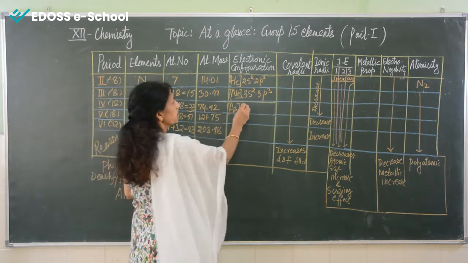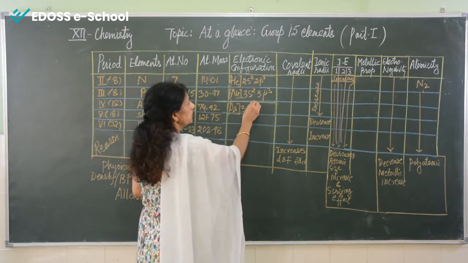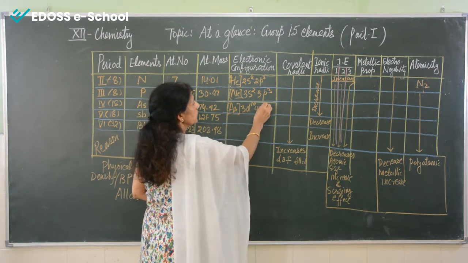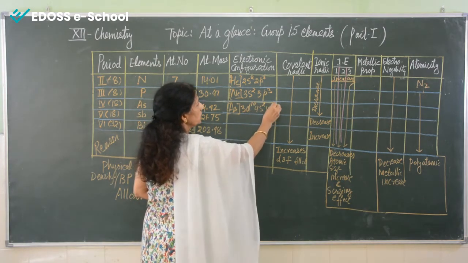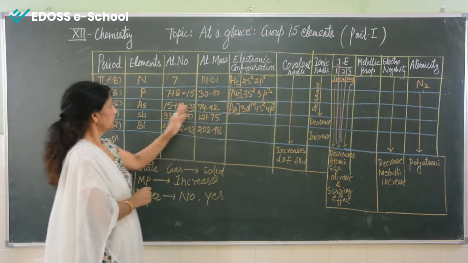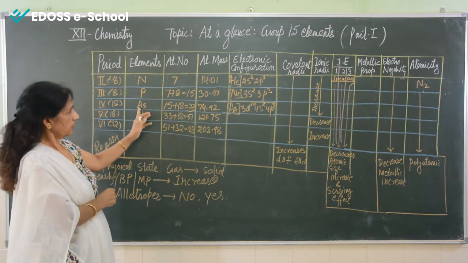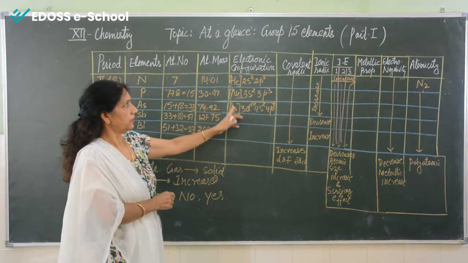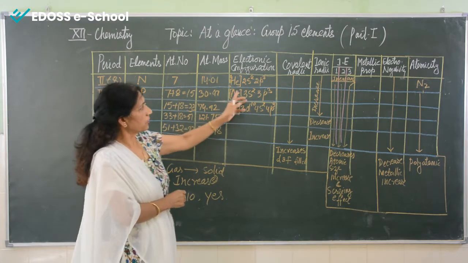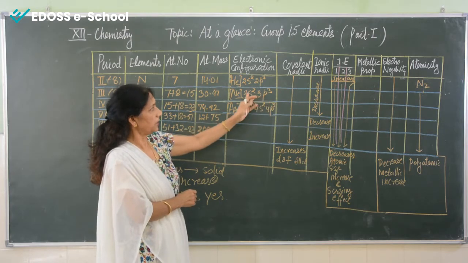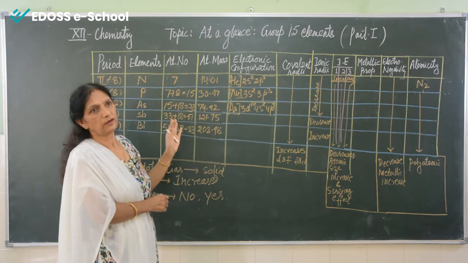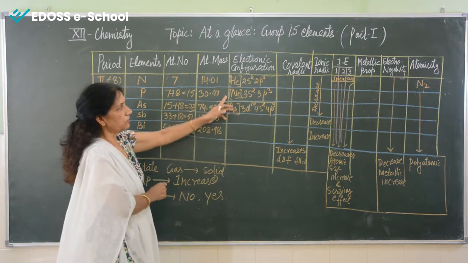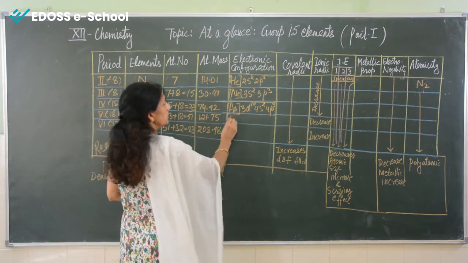So we write 3d10 and then 4s2 and 4p3, because arsenic has a d orbital also. Phosphorus also has d orbitals, but there the d orbital is vacant; there is no electron. Now after helium, neon, argon, comes krypton.